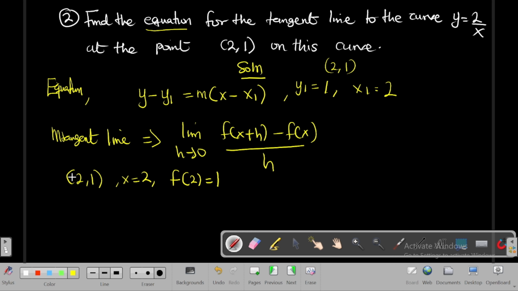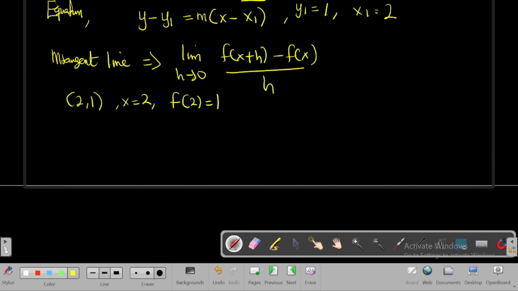They have given us the point on our curve, 2 comma 1, so if our x is 2, then our y is 1. Our y is the same as f of 2, which is equal to 1.